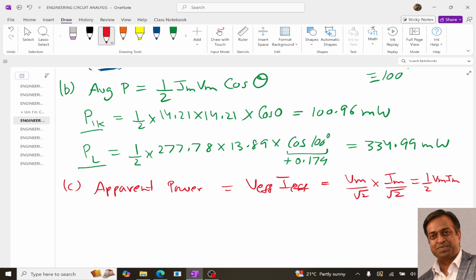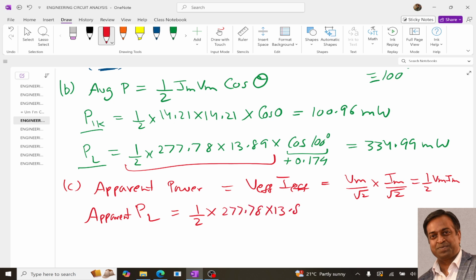So the apparent power for the load PL is equal to half into this same thing, only cos 100 will not be there. So it will be 277.78 into 13.89 divided by 2.